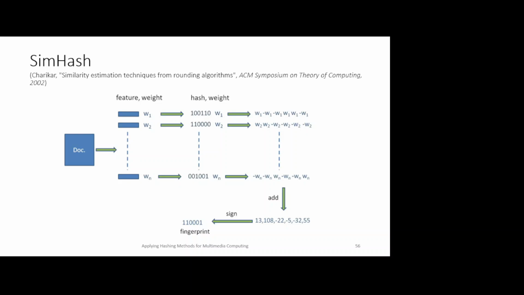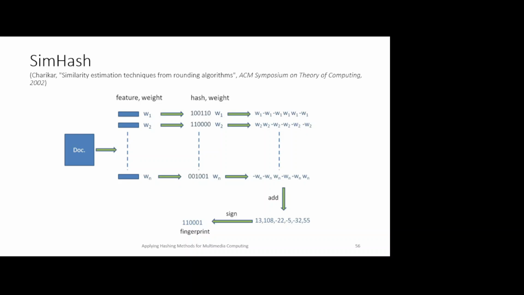And then, next step, according to the weight and the binary code, we generate a weighted binary representation. Okay, like this. If the bit is 1, we generate W1. If the bit is 0, we generate negative W1.